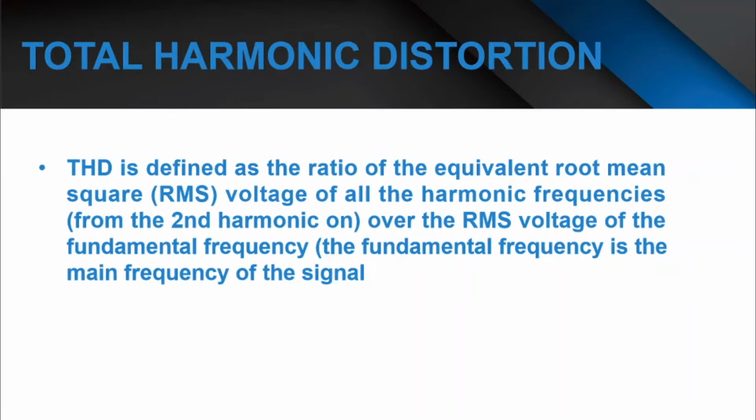So, THD or total harmonic distortion is defined as the ratio of the equivalent root mean square or RMS voltage of all the harmonic frequencies from the second harmonic and so on over the RMS voltage of the fundamental frequency, or the fundamental frequency is the main frequency of the signal.